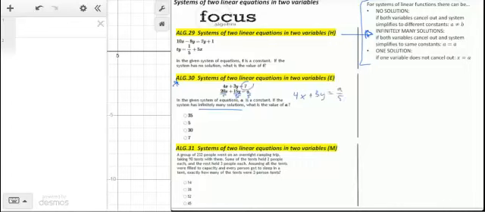And so now I know, in order to find what a would give us infinitely many solutions, is when 7 is equal to that expression a over 5. Multiply both sides, or cross multiply to get rid of your fraction. A is equal to 5 times 7, which is 35.